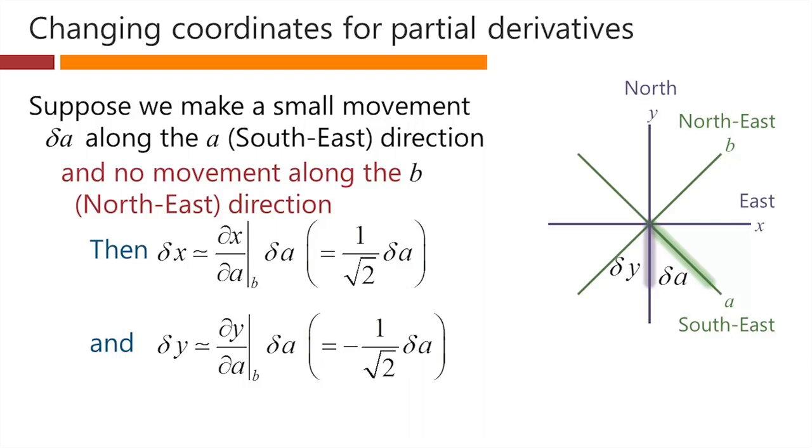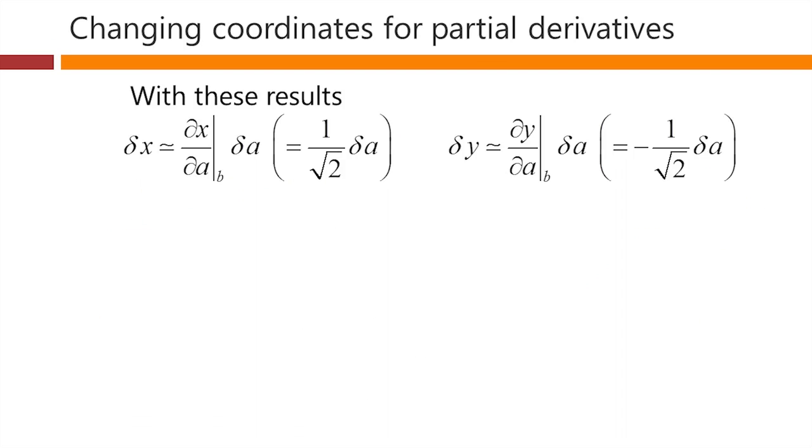Similarly, the amount that we have moved in the y direction by moving a small amount, delta a, along the southeast direction here, the a direction, is partial dy by dA at constant b times delta a. And in this case, that's minus 1 over root 2 times delta a. So with these results, delta x can be written as partial dx by dA at constant b times delta a, and similarly, delta y can be written as partial dy by dA at constant b times delta a.